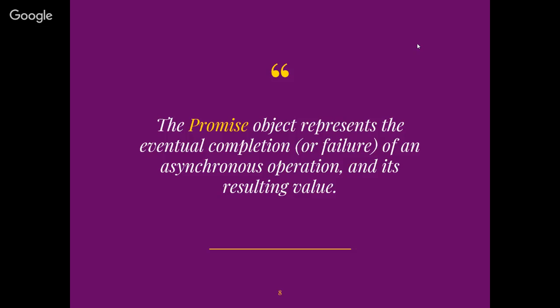So here, with the use of promises, we just determine what will happen when the code resolves. So when the code completes, we don't have to worry about when exactly this will happen.